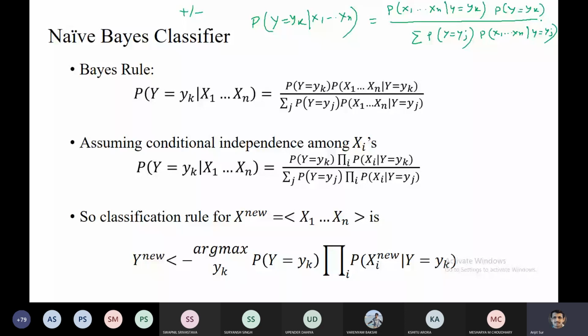Now if we apply the conditional independence, what we can write is P of yk, then the product, capital Pi meaning multiplication, of P of xi given y equal to yk. Just the same thing, and the denominator is the same.